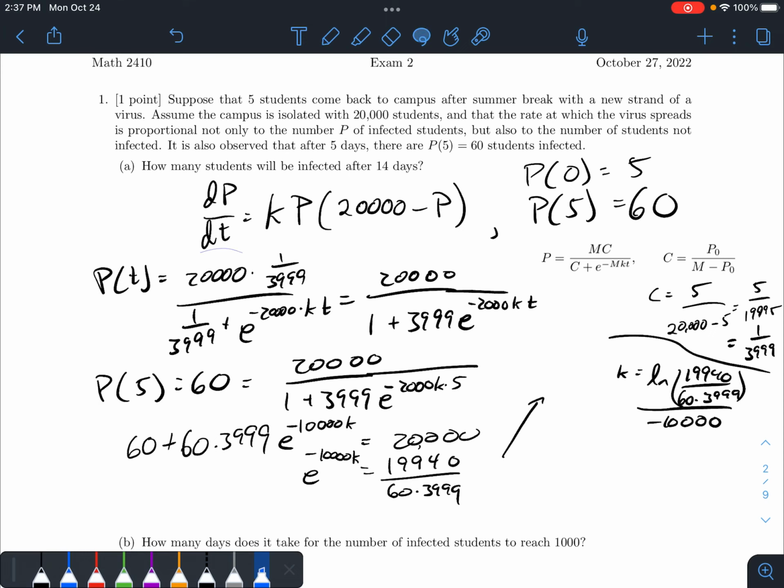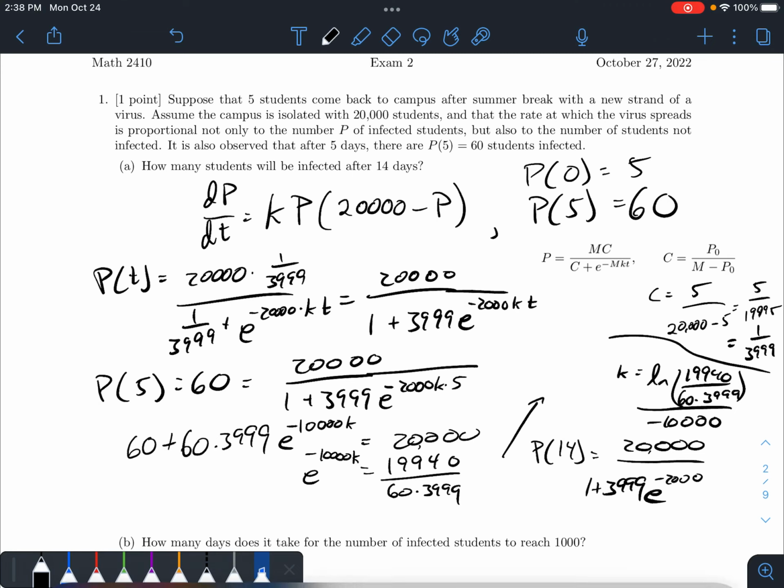So this tells us what P of t is equal to. And so now we just need to figure out what the population is after 14 days. That's P of 14. So that's 20,000 over 1 plus 3,999 e to the negative 20,000.